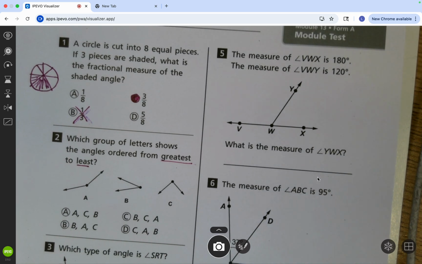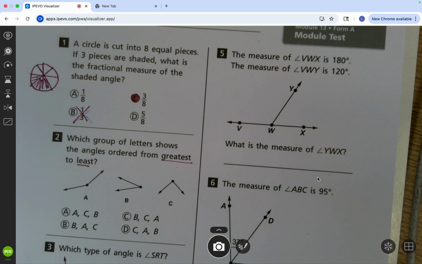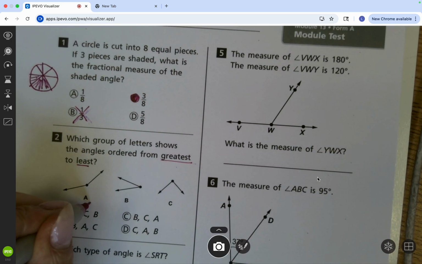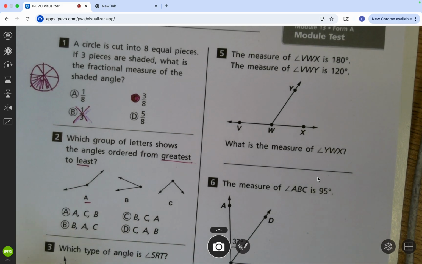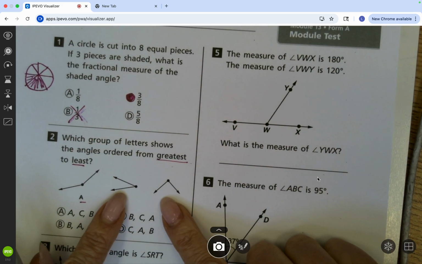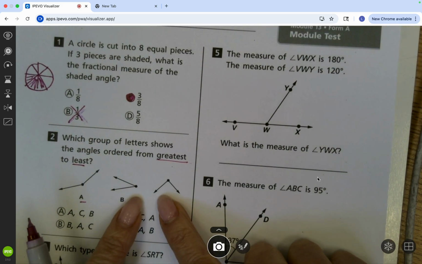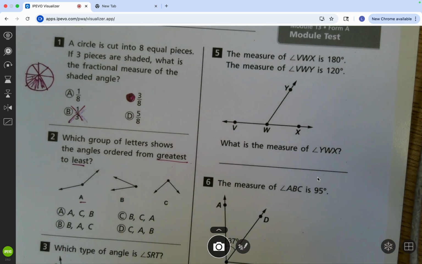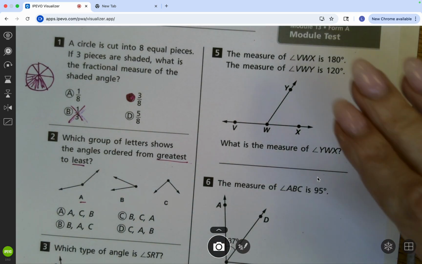So I know, that means I can kind of eliminate everything, right? Because angle A is the greatest. However, I just want to compare these two. So a useful way, it might be kind of difficult to see, but I like to kind of move around my paper.